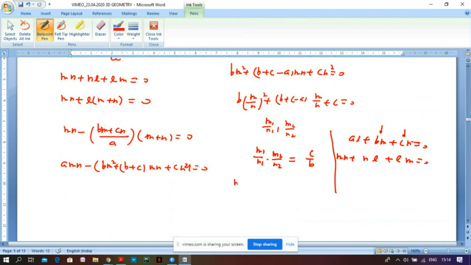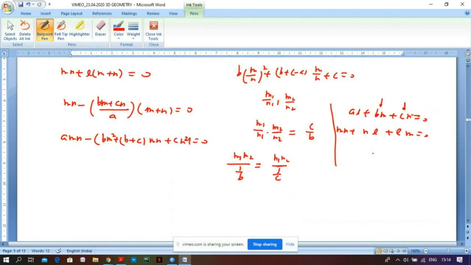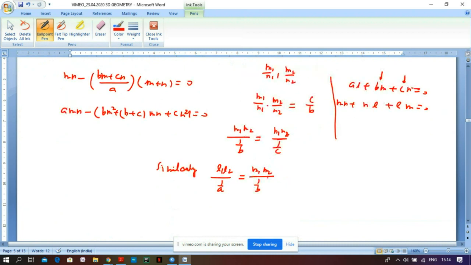So I can write this as m1 m2 over 1 over B, like this one, and n1 n2 over 1 over C, so that m matches with B, and n matches with 1 over C, meaning that by symmetry, had I eliminated something else, so suppose I get relation between L1, L2 and M1, M2, I would have got L1, L2 over 1 over A and M1, M2 over 1 over B. So similarly, that's the power of math, that you don't do the hard work again. You have done the work, just enjoy the fruits now.